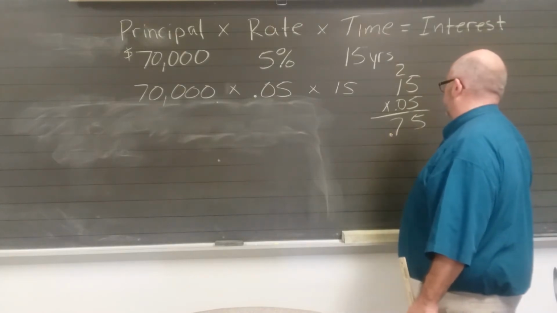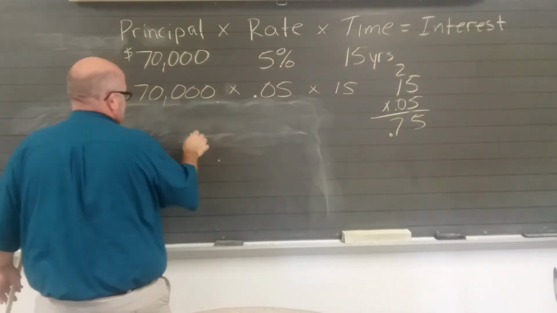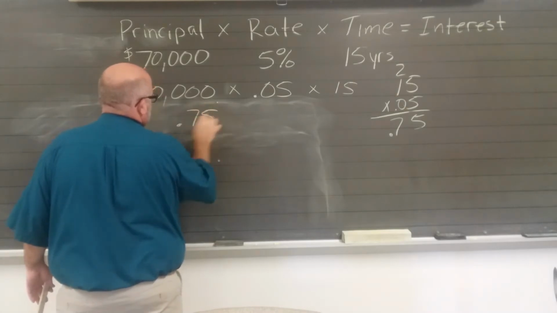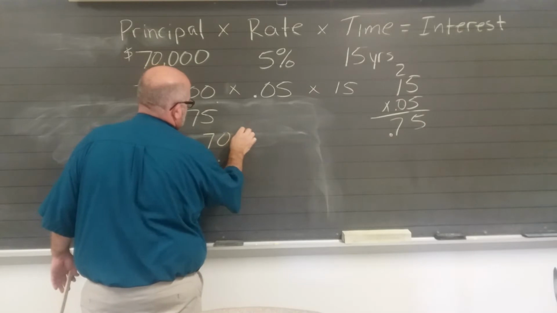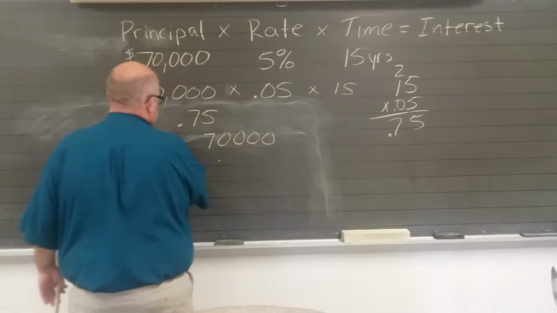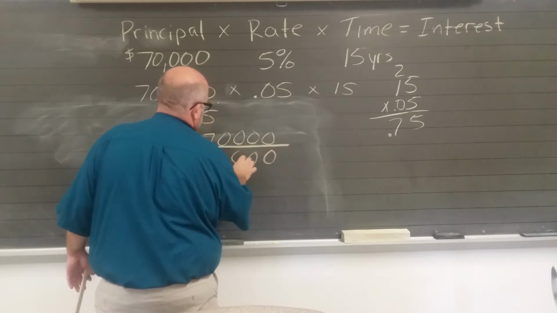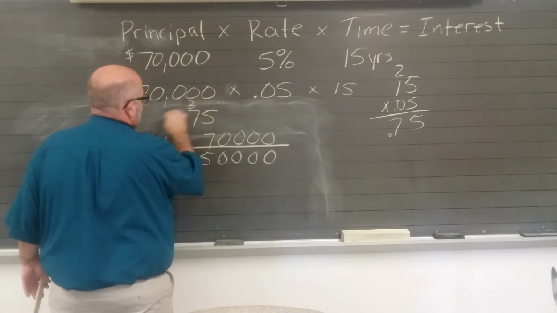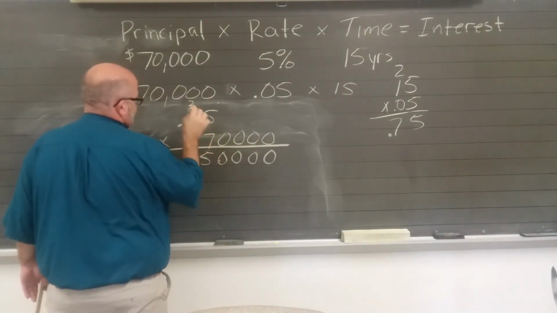All right, now you are multiplying 0.75 by 70,000. 0.75 times, you can stick all these zeros out the back, 70, 1, 2, 3. 1, 2, 3, 4, 7 times 5, 35, 49 plus 3 is 52.